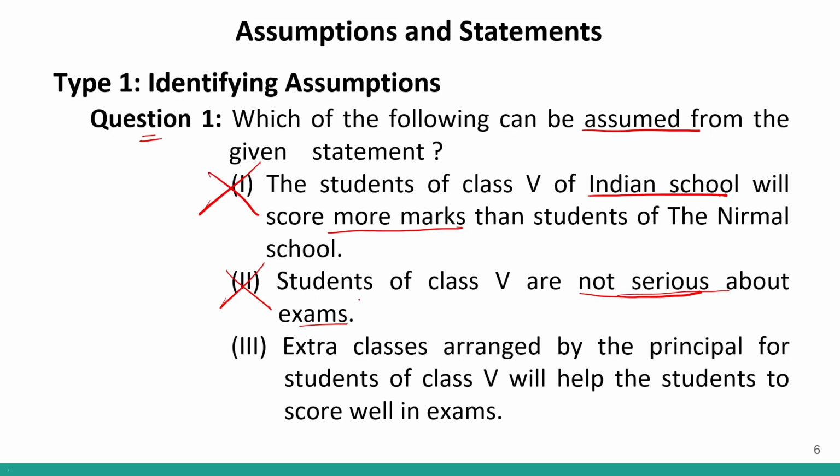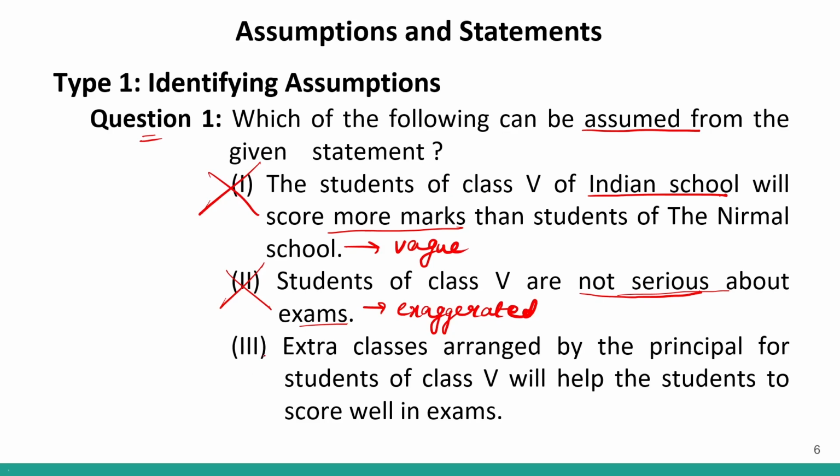If the statement was that there are certain students in class 5 that are weak in studies, that could be an assumption. But to say that class 5 students are not serious is an exaggeration. So this cannot be an assumption because it is exaggerated and vague in nature. The Indian school is nowhere mentioned in the statement.